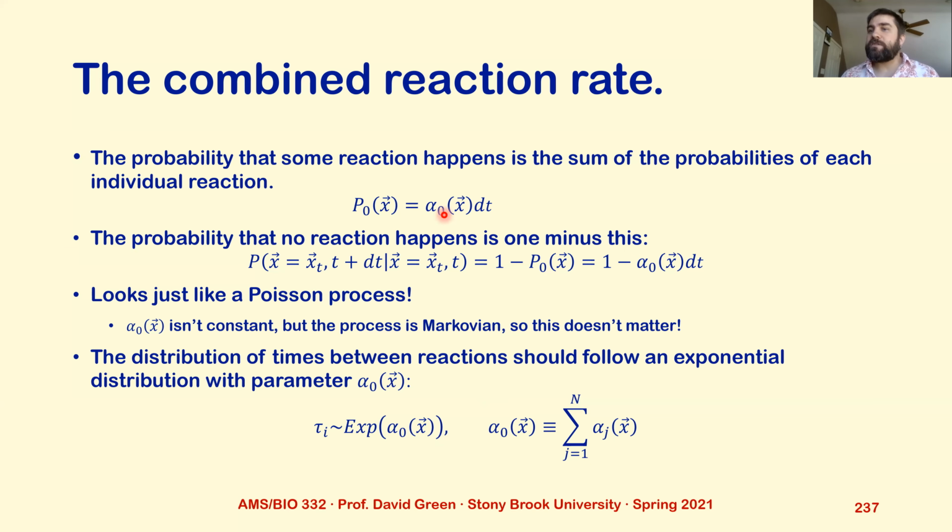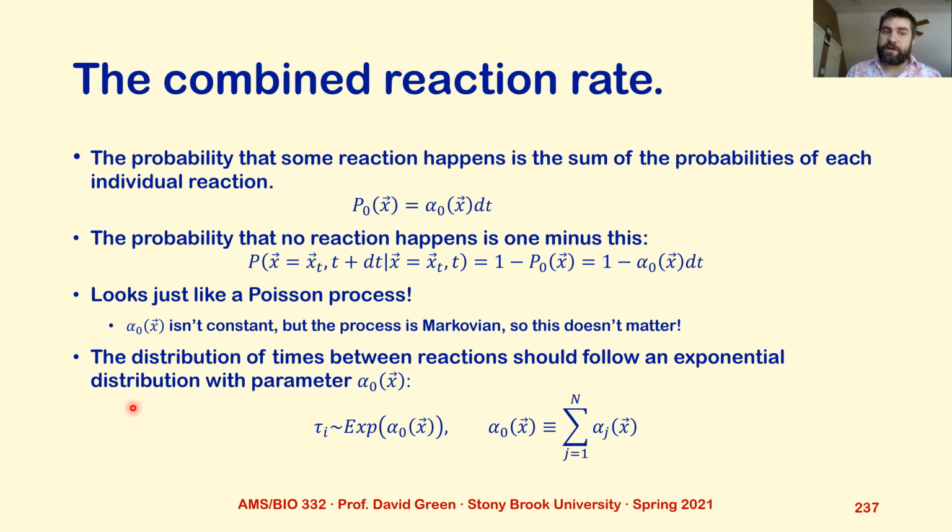But as we discussed earlier, these processes are Markovian, which means at a very specific point in time, with regard to what's going to happen next, there's no difference between a Poisson process that had alpha naught as being constant and this process where it's variable. In particular, the distribution of times between the reactions. How long do we have to wait for something to happen?